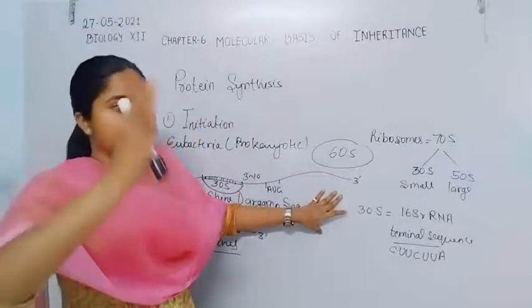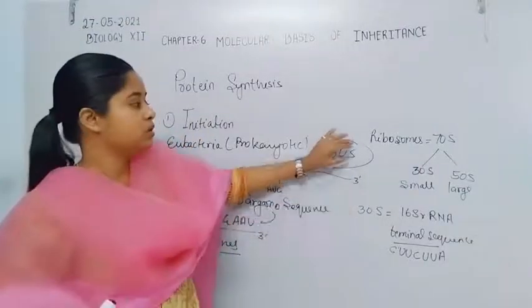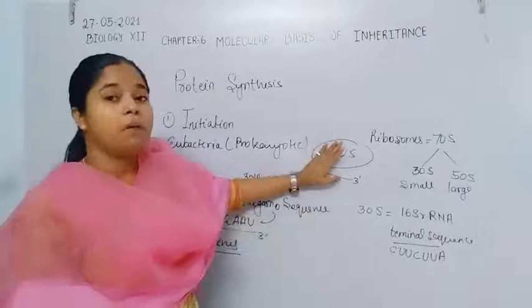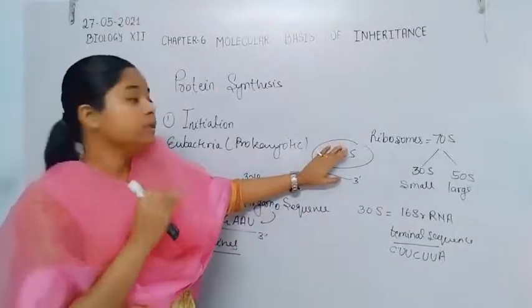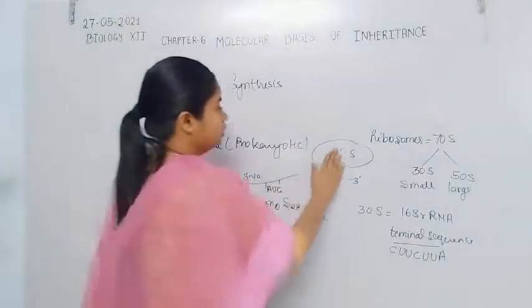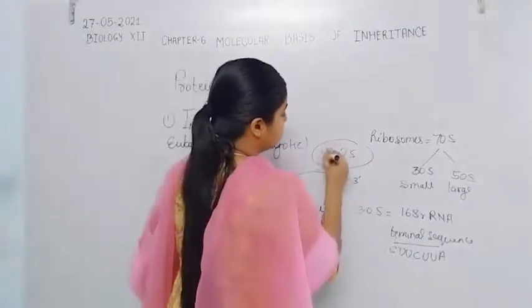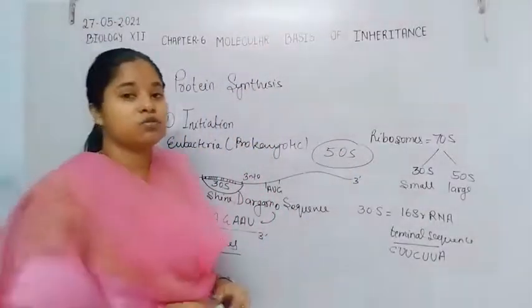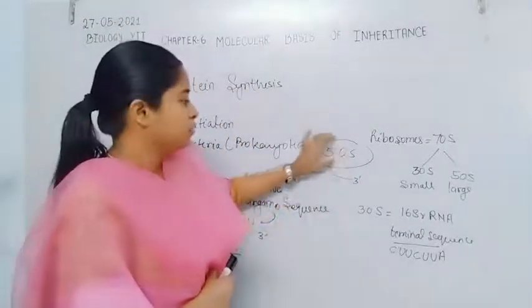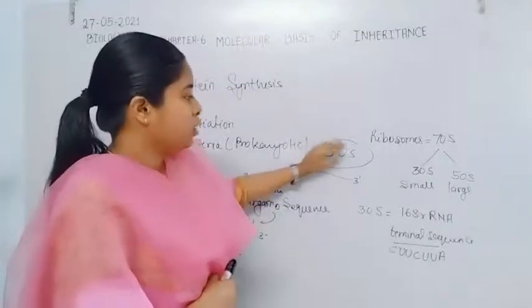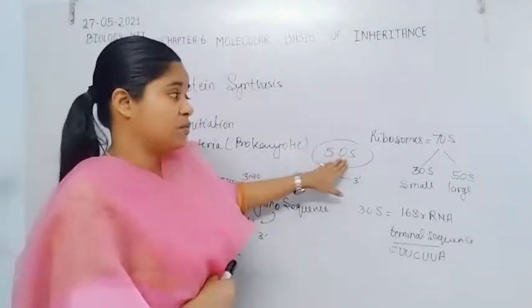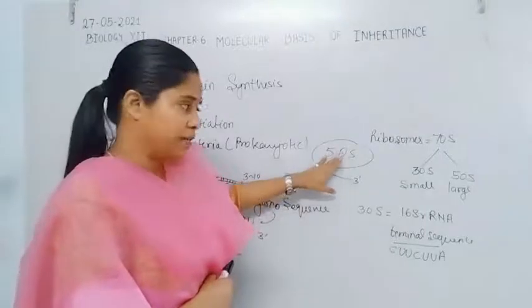That means the tRNA exits from the ribosome by the exit site. Only the 50S large subunit has the exit site.